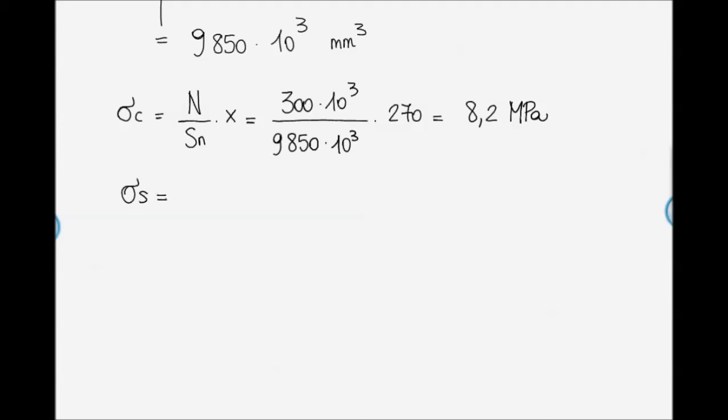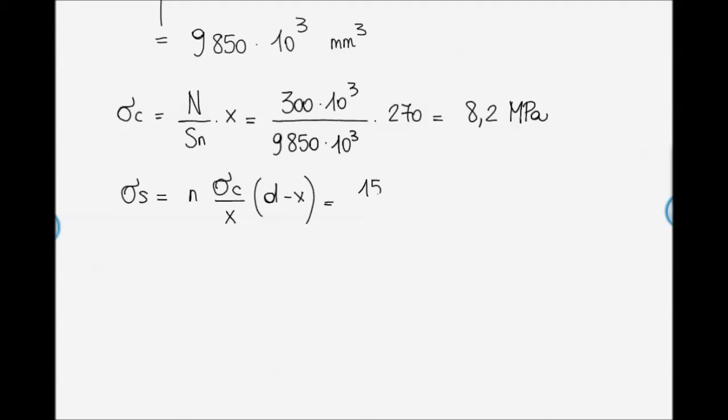Sigma S is equal to n sigma C over x by d minus x, according to the expression we have already showed.